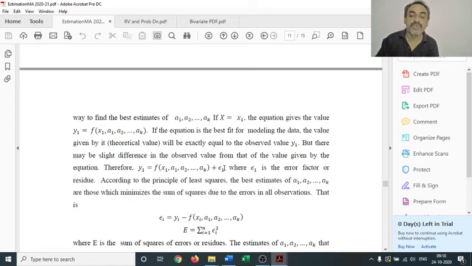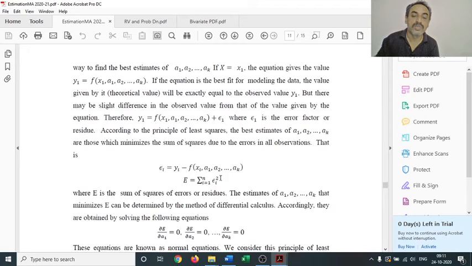According to the principle of least squares, the best estimates of a1, a2, etc., ak are those which will minimize the error sum of squares. The error sum of squares is denoted by summation i equal to 1 to n of ei square, where ei is the difference between the observed value and the expected value, that is yi minus f(xi, a1, a2, etc., ak).